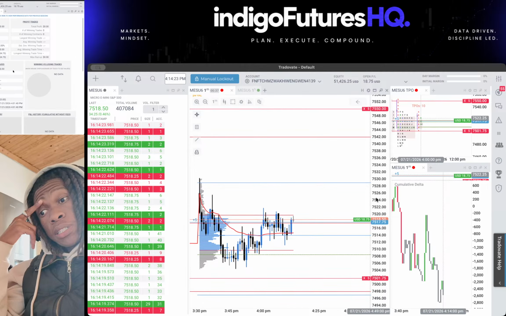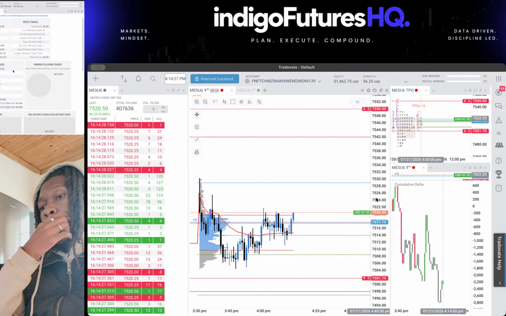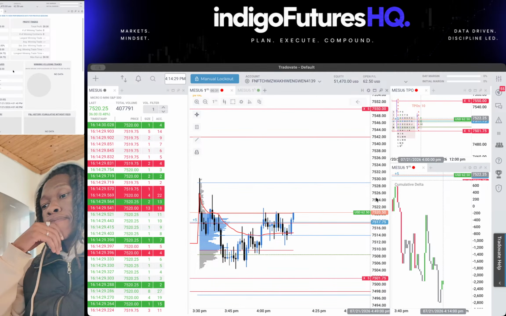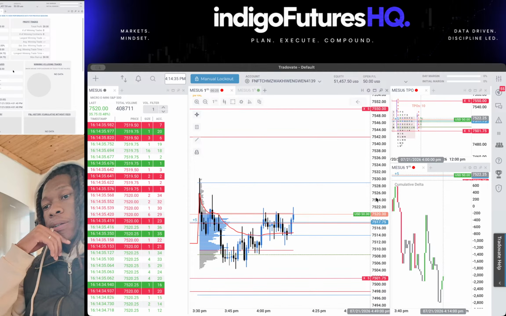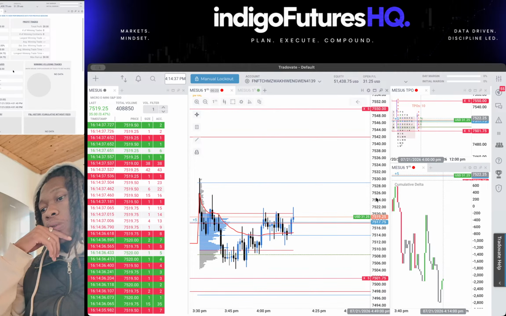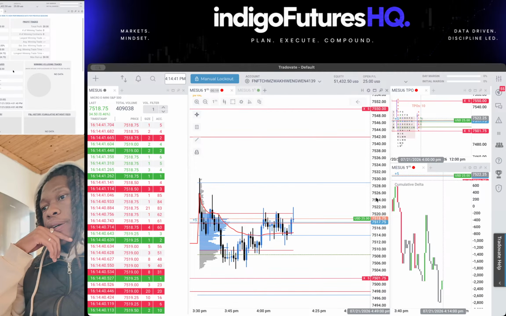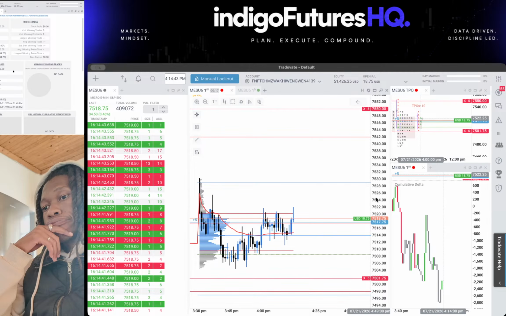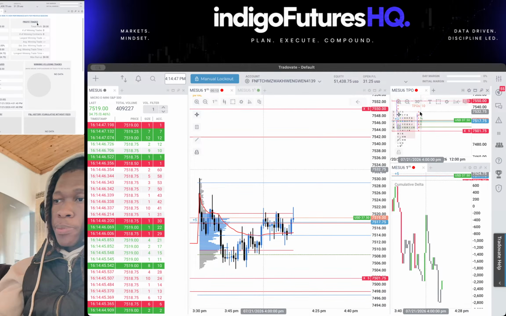15 and a half minutes away from initial balance. Pretty strong push outside of value area high. It's not really being supported. A B print above these A's.